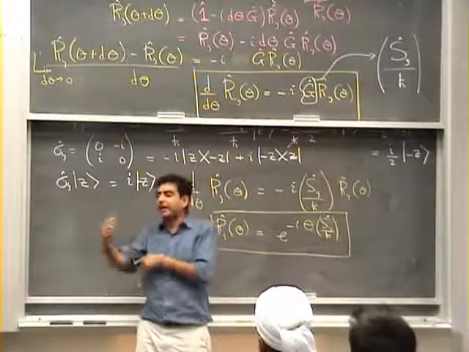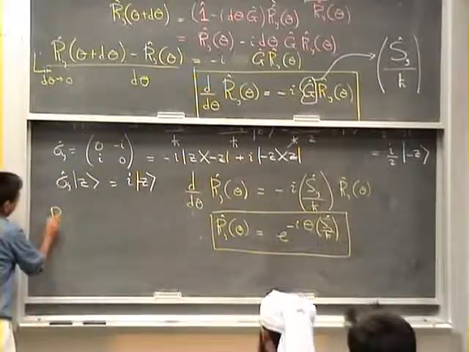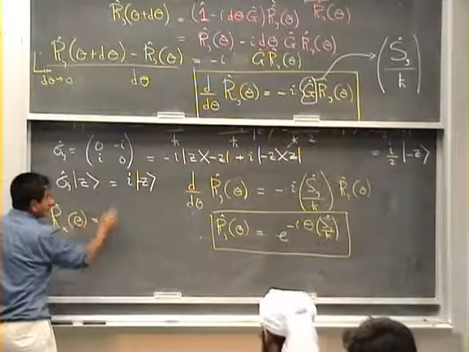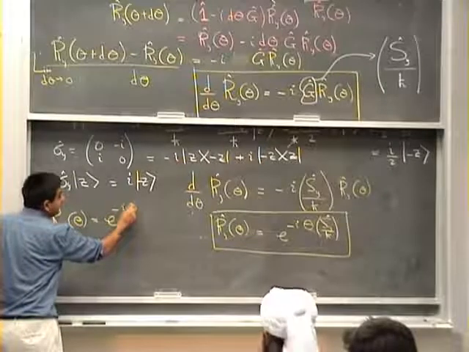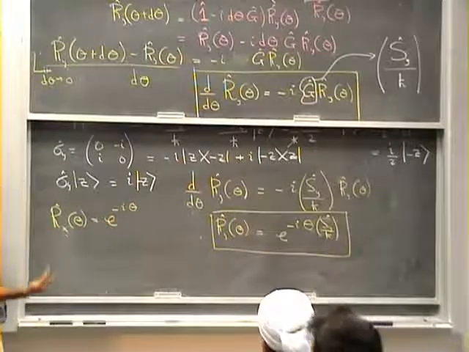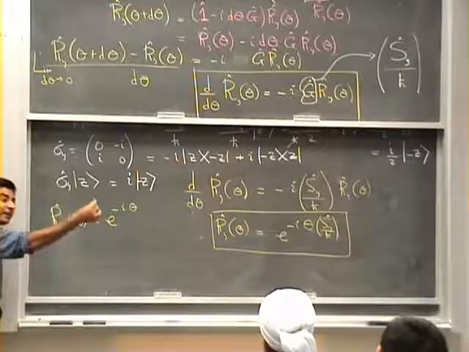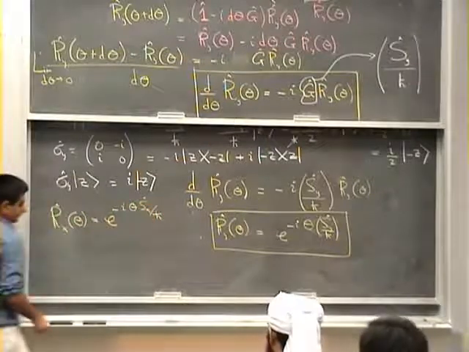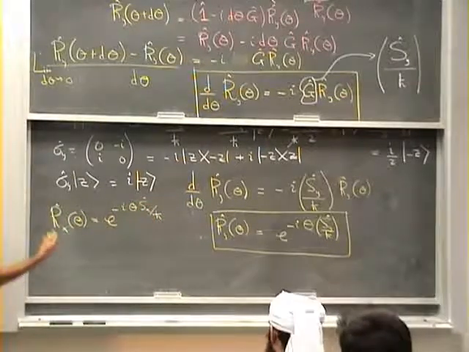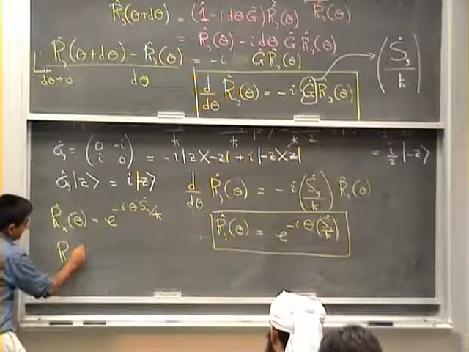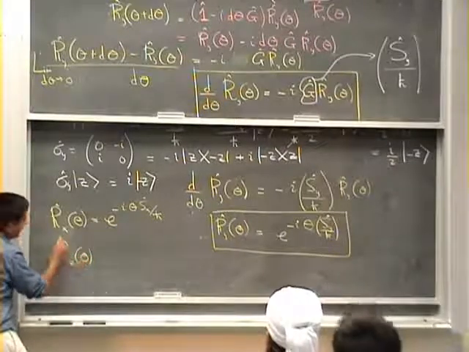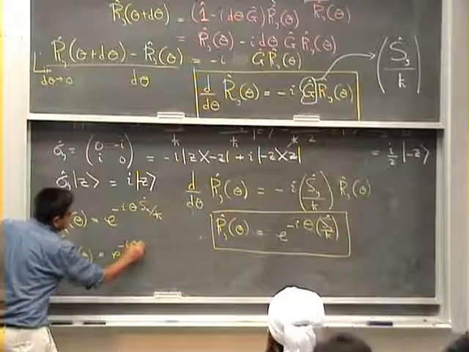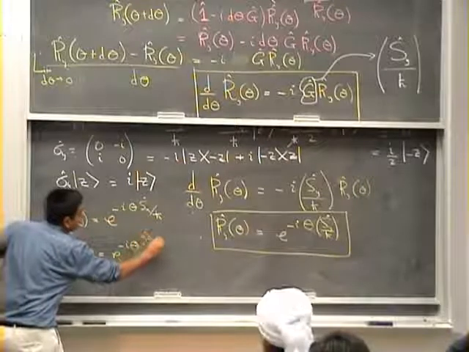If you're doing a rotation about the x-axis, your rotation operator is e raised to power minus iota theta, that is the angle through which the rotation is taking place, and the generator for the rotation, which is in this case sx over h bar. If you're doing a rotation about the z-axis, remember these are axes in the Hilbert space, then your rotation operator is e minus iota theta s z over h bar.